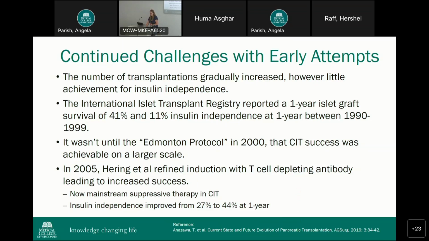Later in 2005, Hering et al. refined the induction of T-cell depleting antibody therapy, which led to further success with islet cell transplant. It really was from here that islet cell transplant was thought to be more feasible on a large scale. With the Edmonton Protocol and Hering's research, insulin independence improved from 27% to 44% with both of these methods.